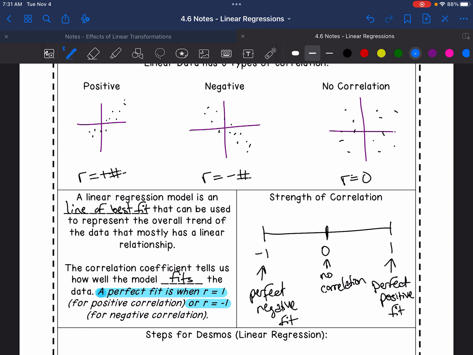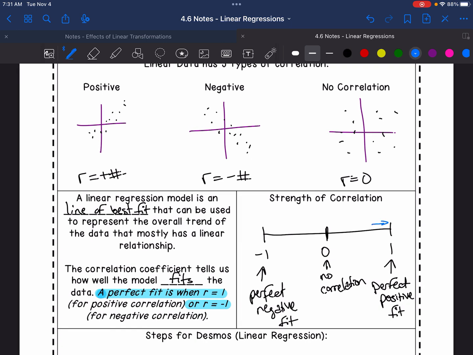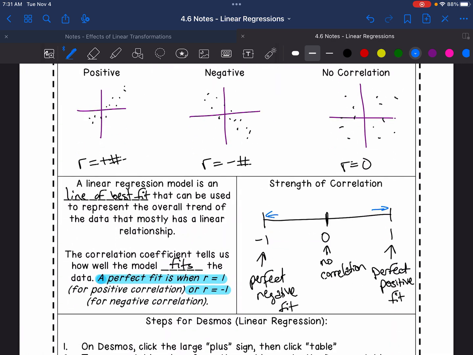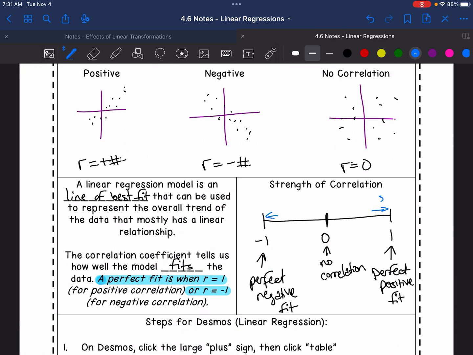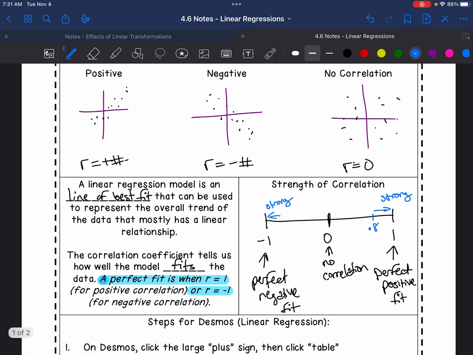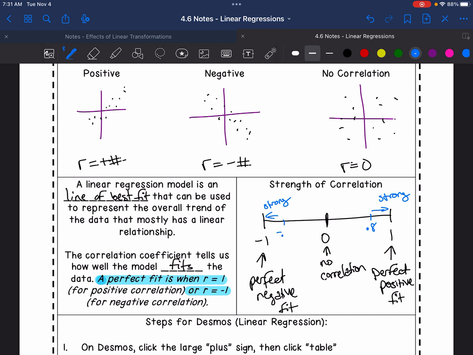So strong is going to be the closer you get to 1 or -1. So typically we call strong anything from 0.8 and up, or -0.8 if we're heading in the other direction. That's usually a pretty strong fit. All right, so 0.8, 0.9, stuff like that.